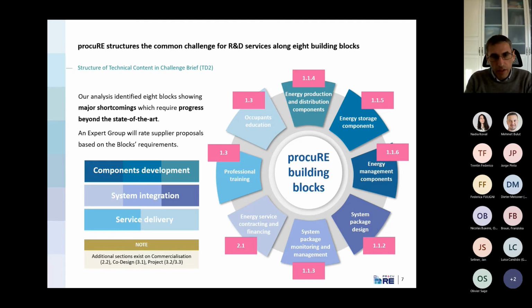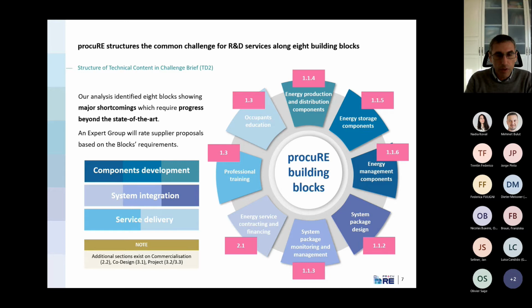And in these building blocks, we identified challenges that need to go some progress beyond the state of the art in order to have the retrofit performed in a proper and effective way.